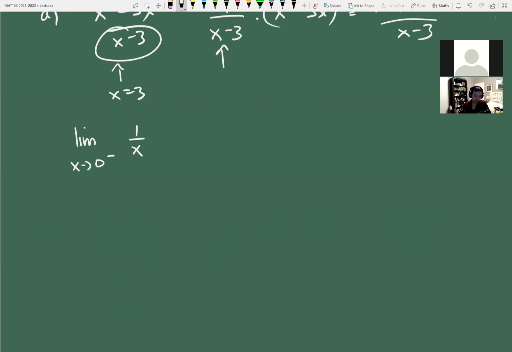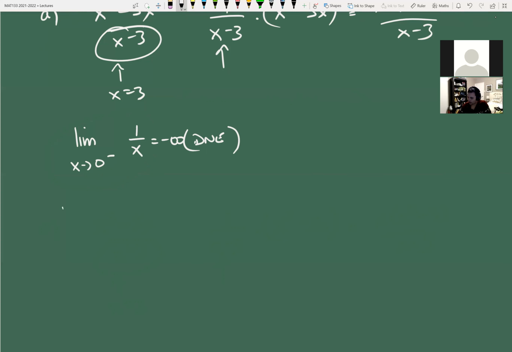This doesn't exist, because it's like 1 divided by 0. But effectively, this number is getting really big and negative. So there's a sense in which this is going to negative infinity. It still doesn't exist, but the number is going to negative infinity, getting really, really big but really, really negative.